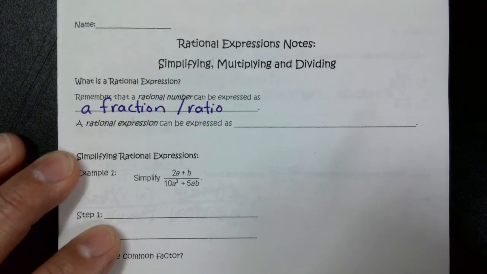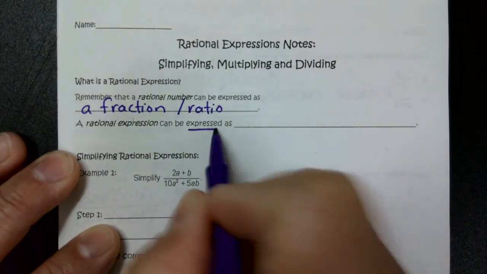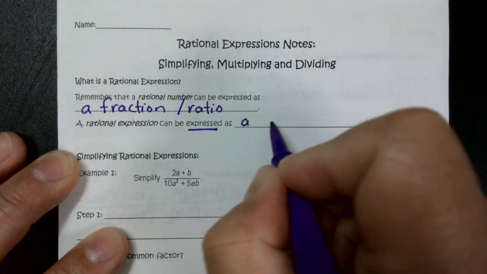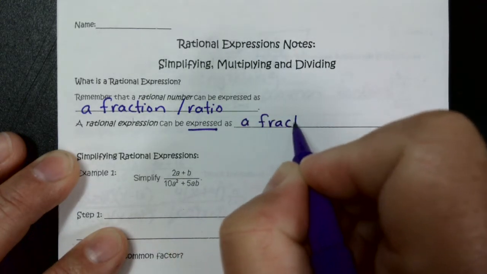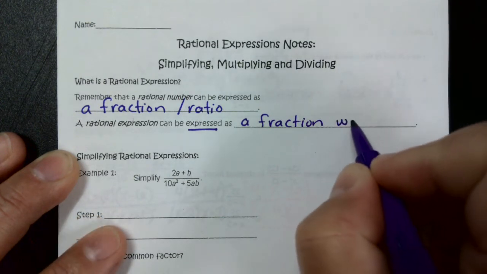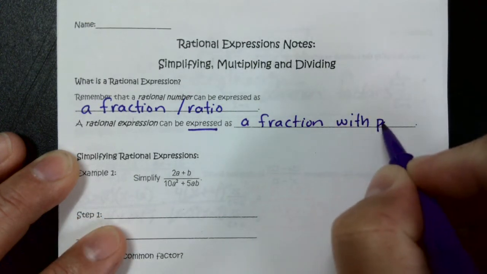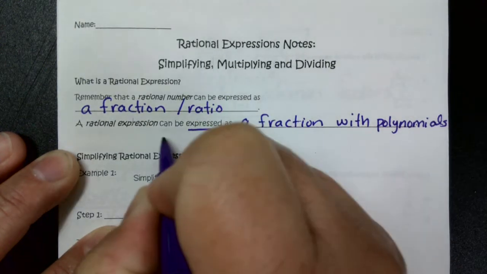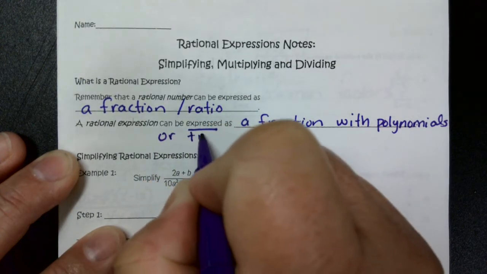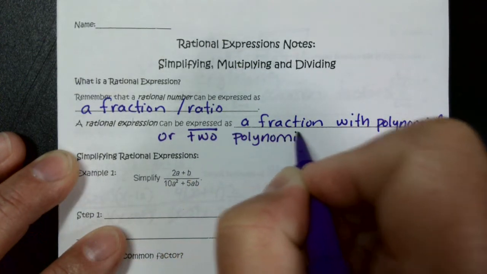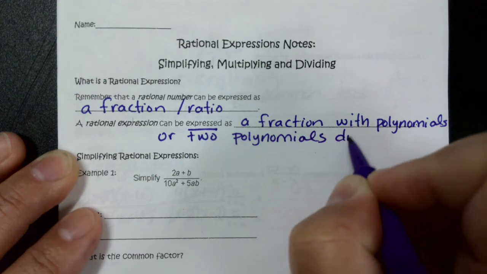A rational expression can be expressed as a fraction with polynomials, or we could say two polynomials divided.